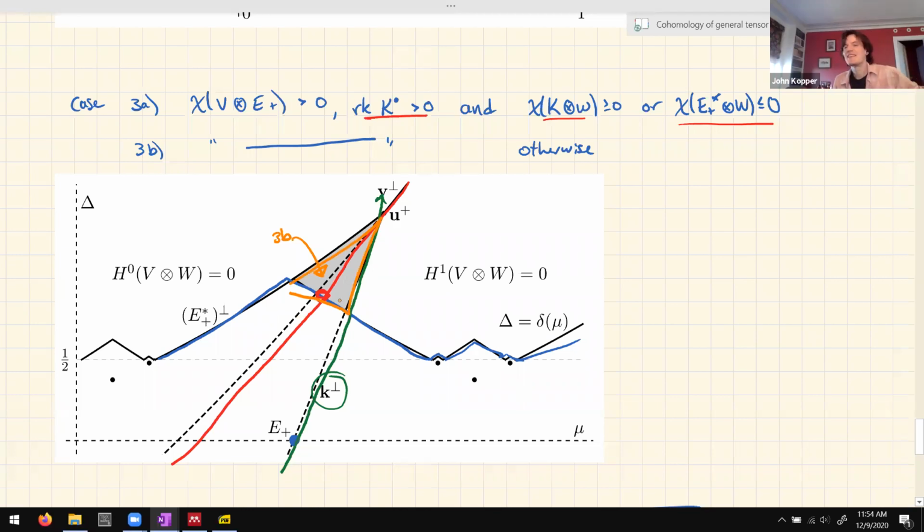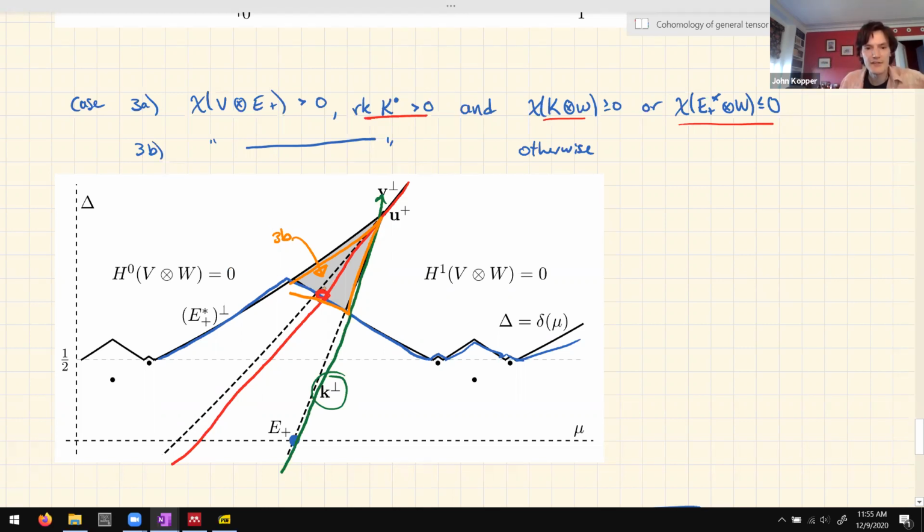Yeah. So thank you, Jack. So right, the slope and discriminant are my coordinates on the plane, and I'm drawing all my parabolas and asking where are my Chern characters of W. So if W is in the shaded region, then I'm in case 3B. And if W is outside the shaded region, I'm in case 3A. Thank you.